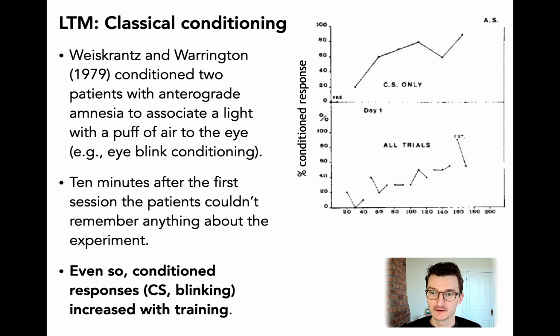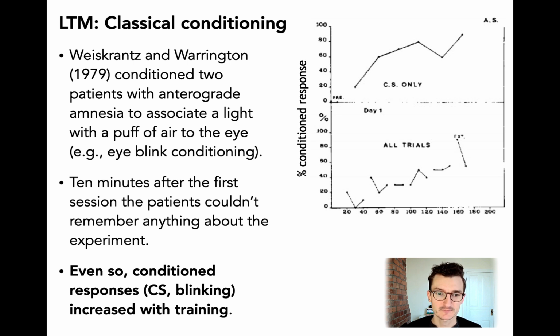If you pair that puff of air with a light over and over and over again, soon you can present that light on its own and participants will blink. And I've participated in studies like this, and it's remarkable how quickly you learn this association. So within a few trials, you're seeing the light and you're blinking, expecting that air puff.